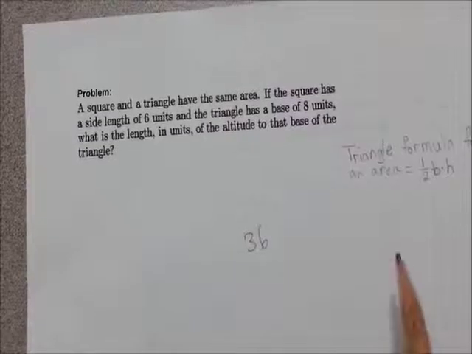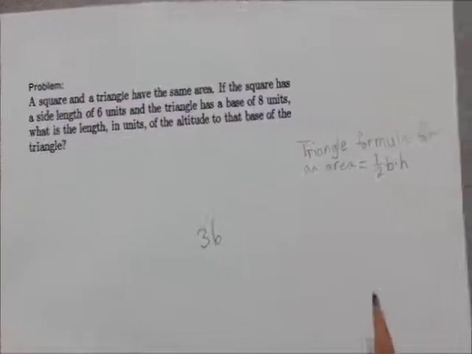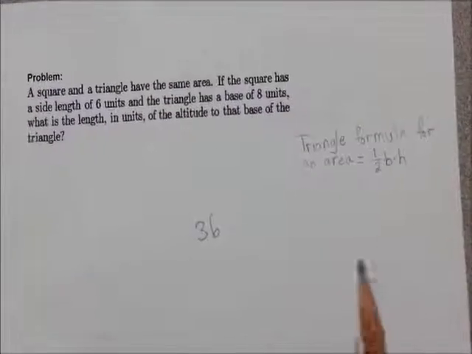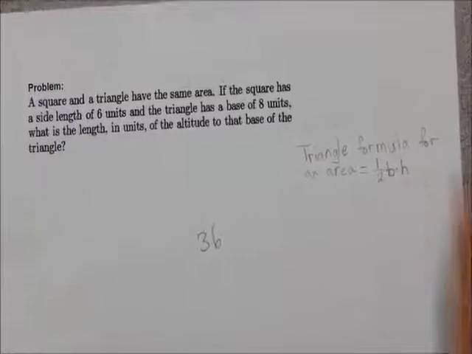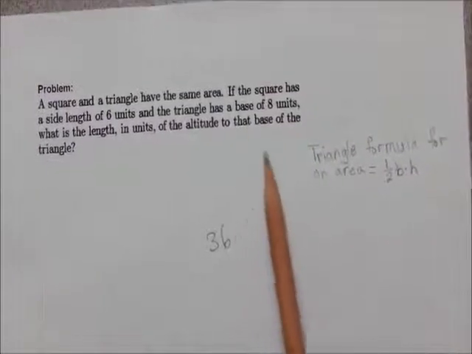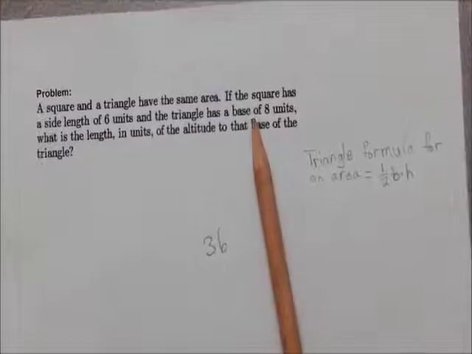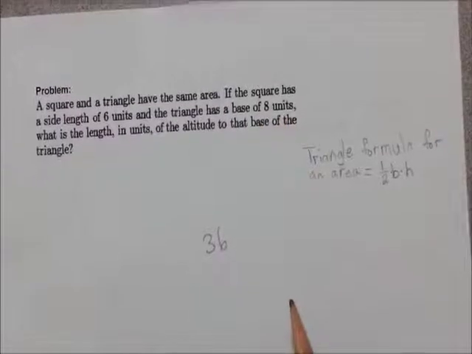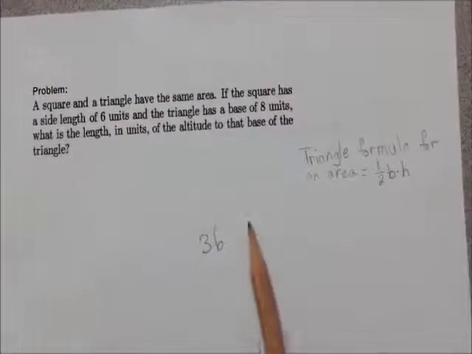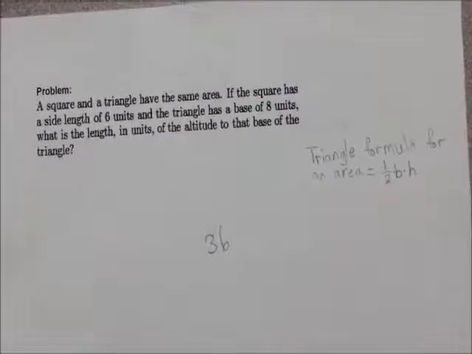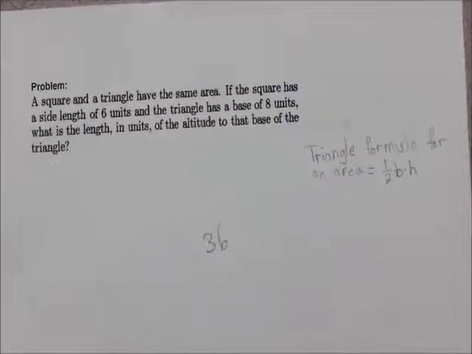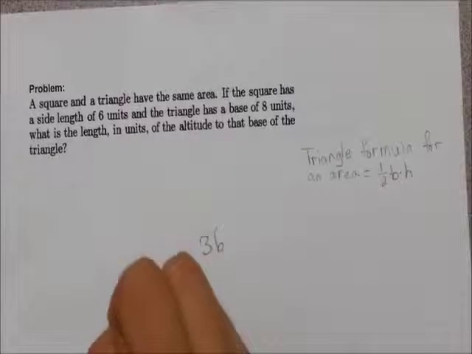Now the formula for the area of a triangle is half times base times height. Now the base is 8, multiply it by 1/2 is 4, and 4 times the height, which we do not know, is equal to 36.